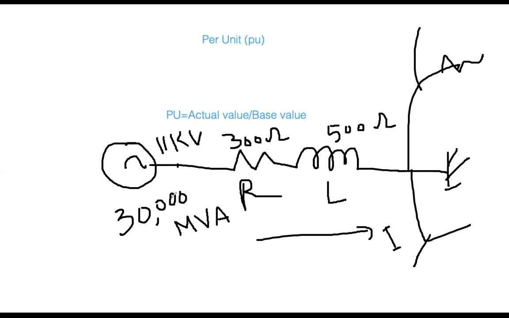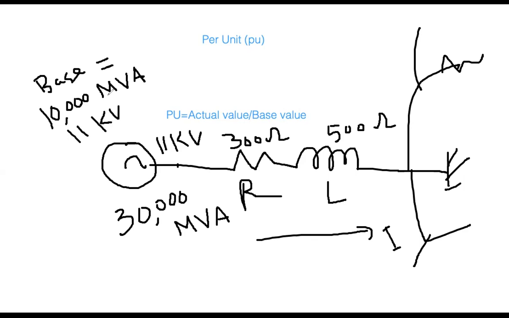For example, assume that for this system the base is 10,000 MVA. That is my base quantity. Base means kind of the reference thing. And say I also choose 11 kV as my base.